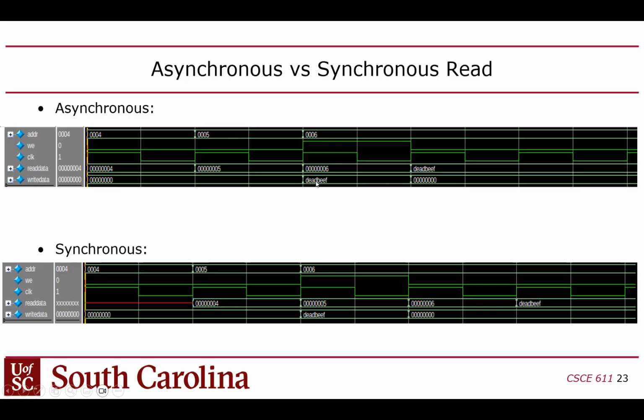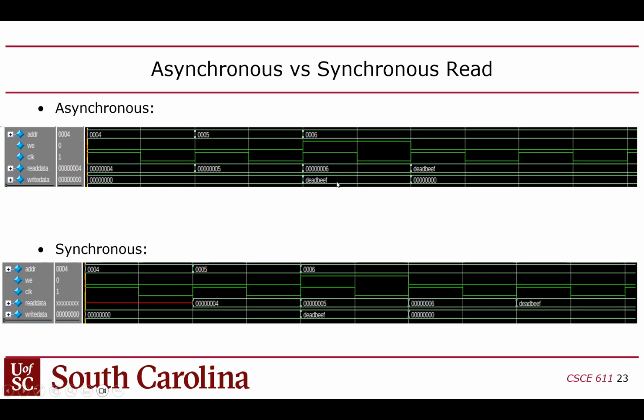I write dead beef here, and after I write it, it shows up because I'm reading. I keep address 6 on the address bus. Initially I get 6, which is the initial contents of that address. But because I'm writing dead beef, the dead beef shows up one cycle later. So this is the original value of 6, this is the new value of 6, but it took one cycle to write.